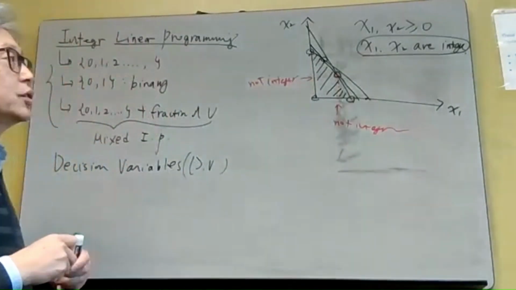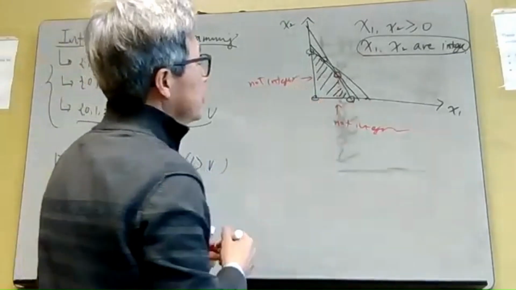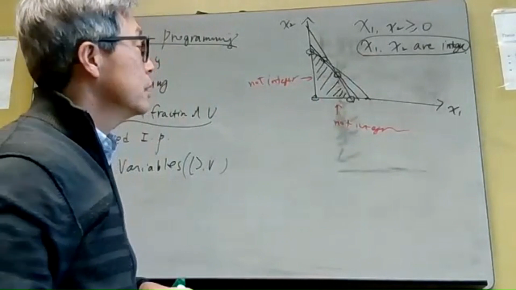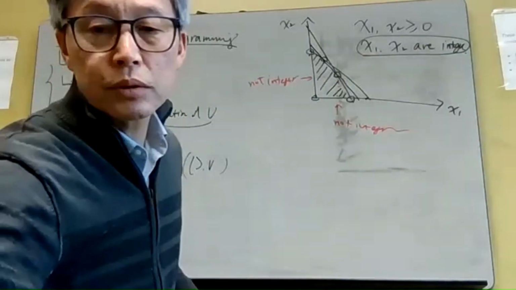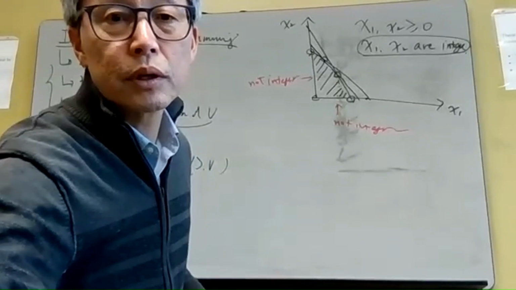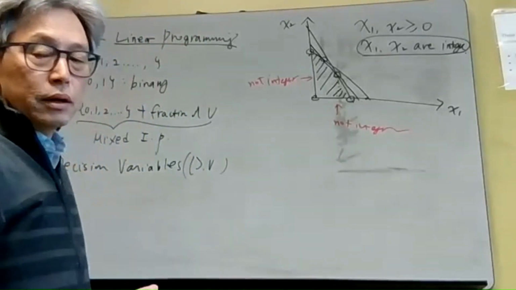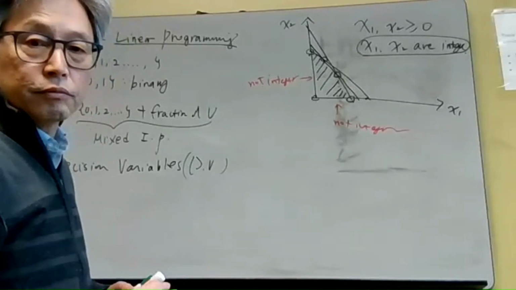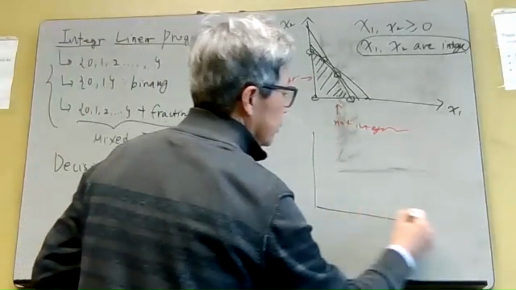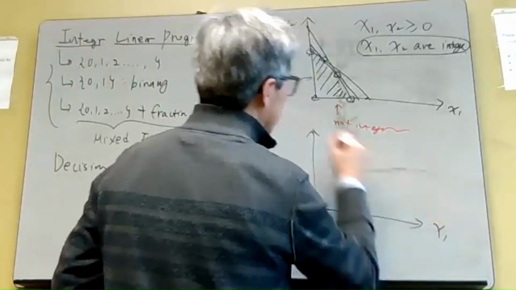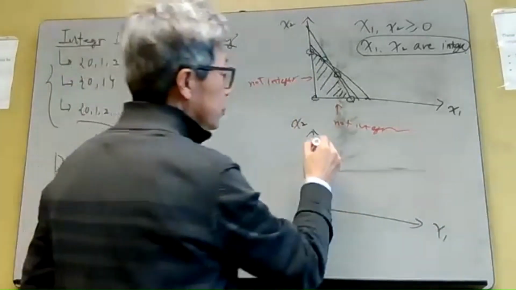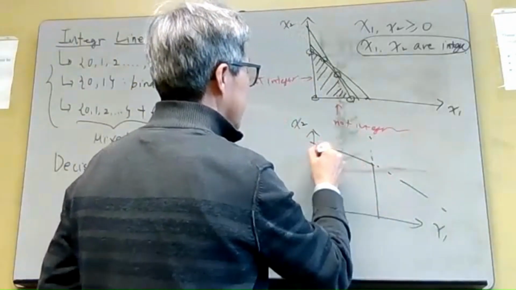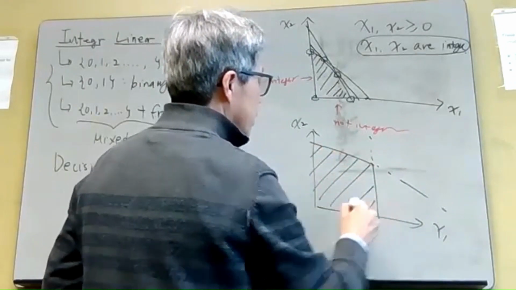So if you try to find an integer solution from this example, maybe round up or round down the solutions. So what was the best solution? If I draw that graph here, I have x1 and x2, two decision variables, and this is the feasible region.